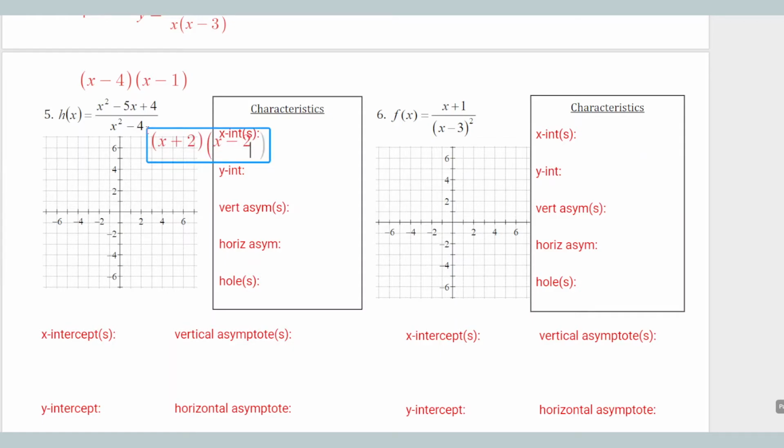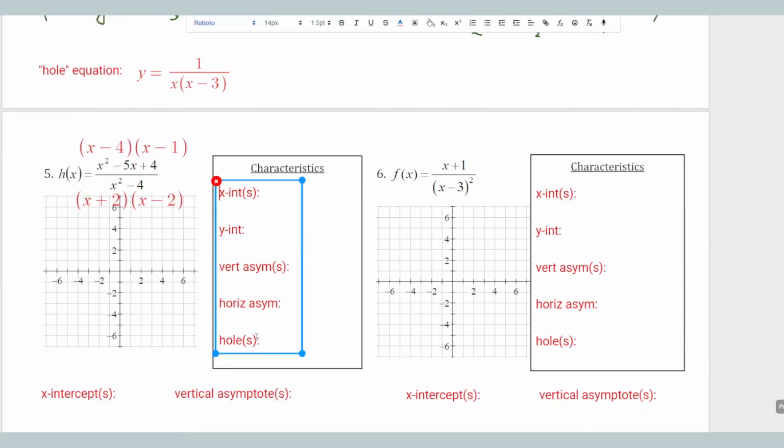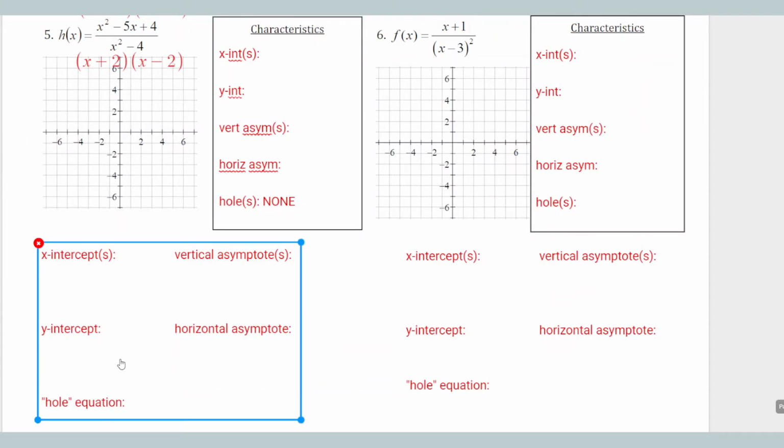So it looks like we're not going to have any holes on this one. We don't have a common factor here. So there's going to be no holes, and we do not need to find the hole equation or anything like that.